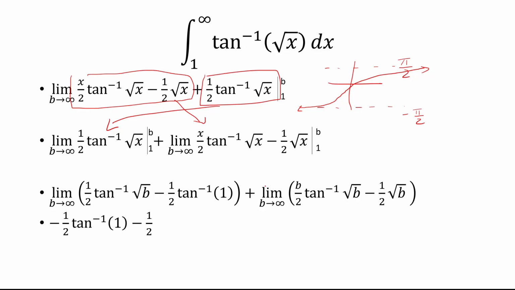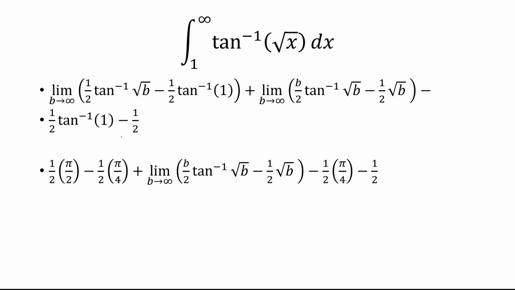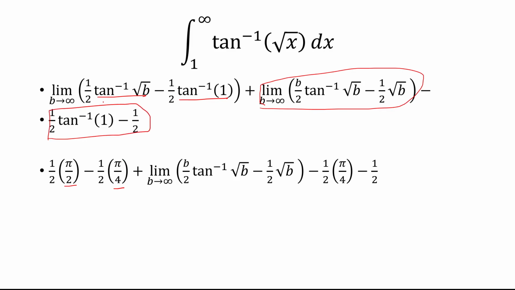So now let's evaluate this. We said as b approaches infinity, inverse tangent of root b approaches pi over 2. So this guy is pi over 2. Inverse tangent of 1 is just pi over 4. And now for this one, I chose not to evaluate this just yet, and instead just calculated whatever's in the box here, so 1 and 2.